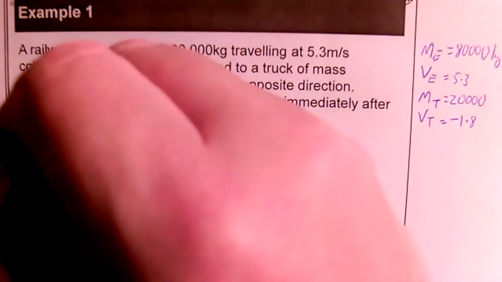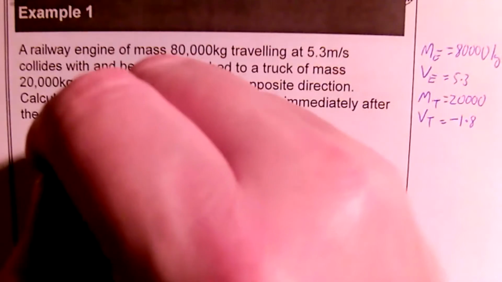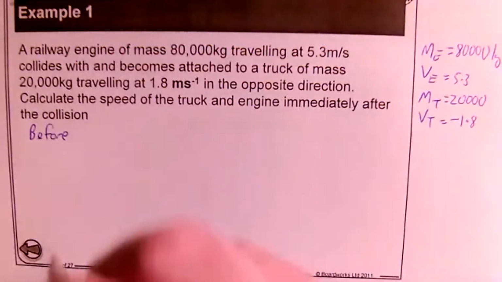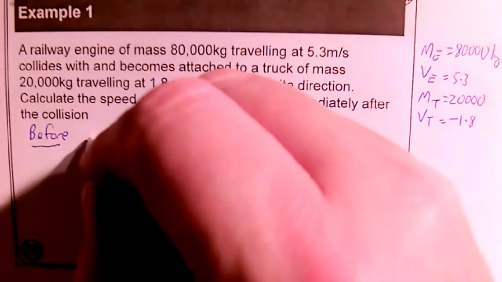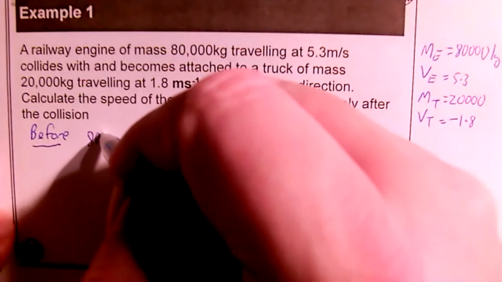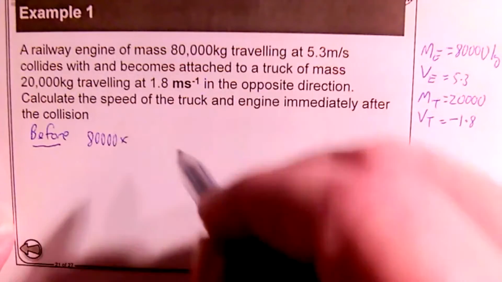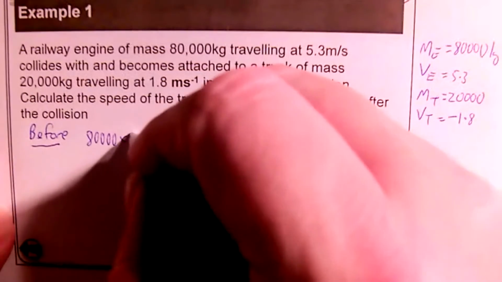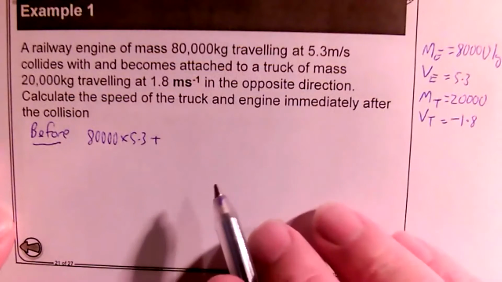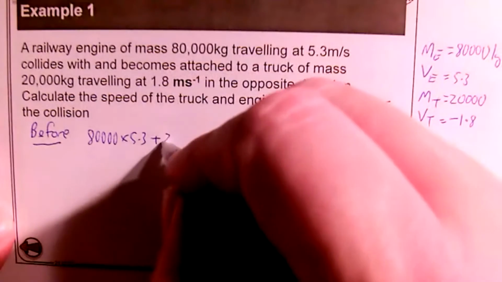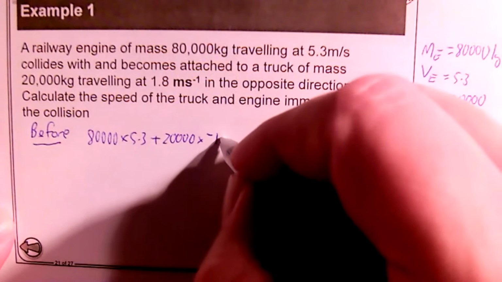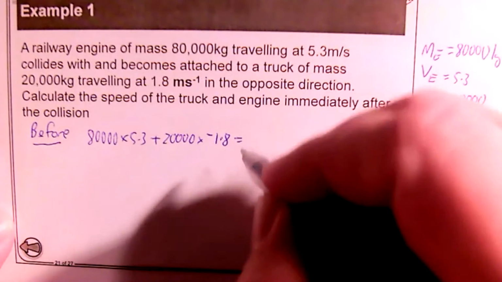Now, we can think about what happens before. Before our collision, the momentum was the momentum of the engine, which is the mass multiplied by the velocity, which is 5.3, plus the momentum of the truck, which was 20,000, and I've got to be careful, multiplied by minus 1.8.